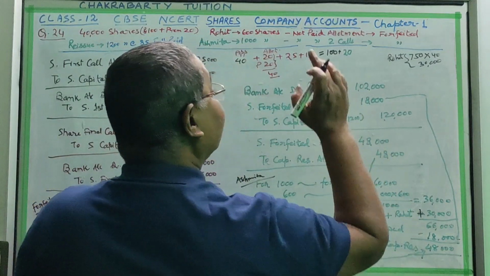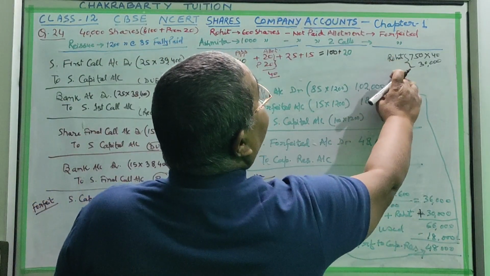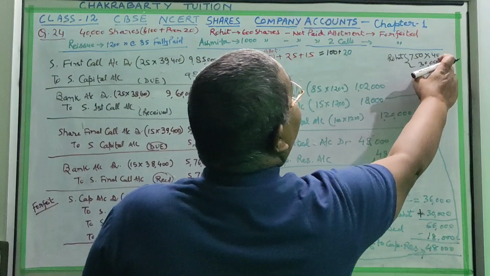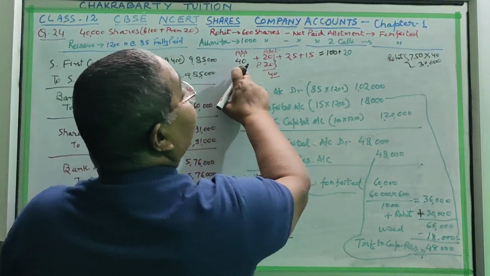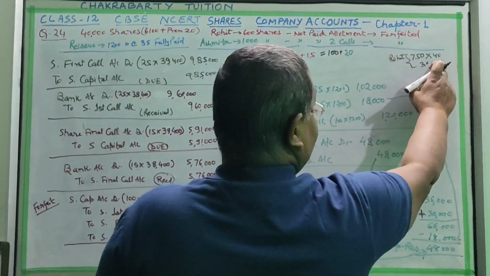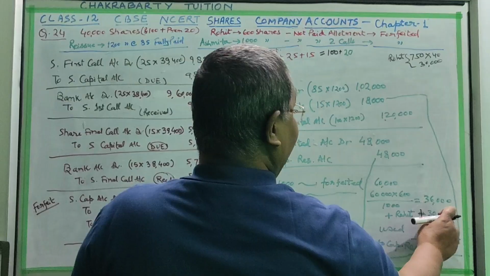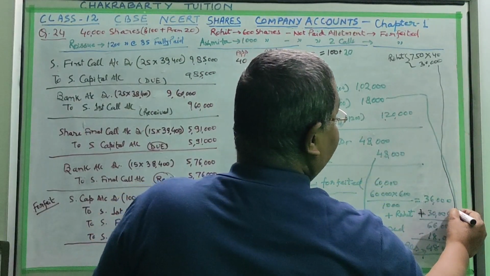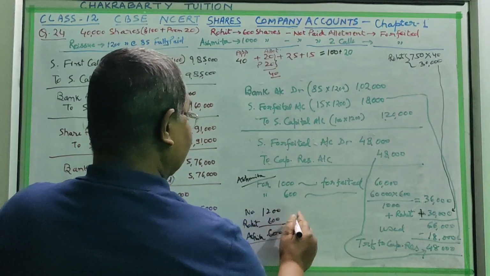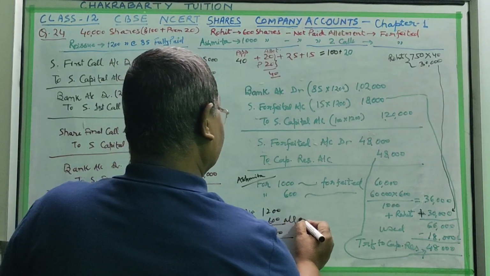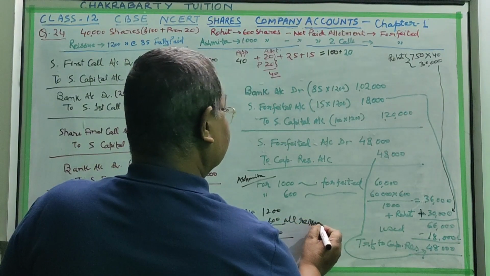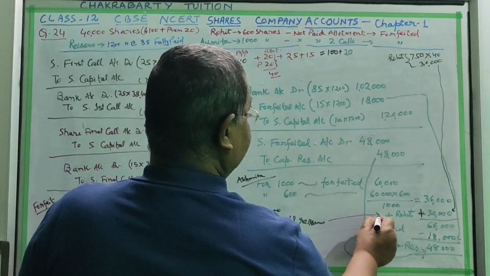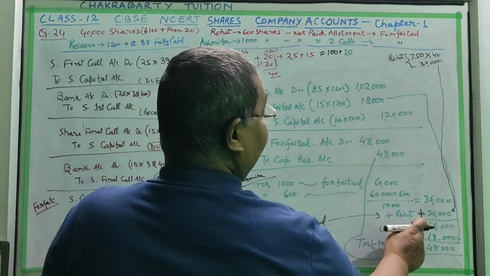Now Rohit's amount we have forfeited. Rohit has applied for 750 and given 40 rupees as application money. So actual cash received was 30,000. This 30,000 you add here, because fully it is reissued. These shares are all reissued, so all the amount we will use here. 30,000 we can use.